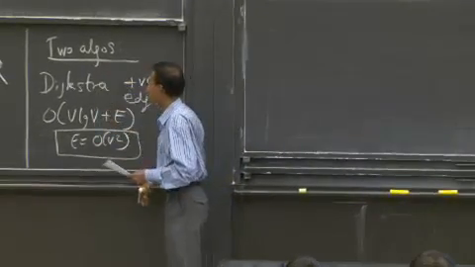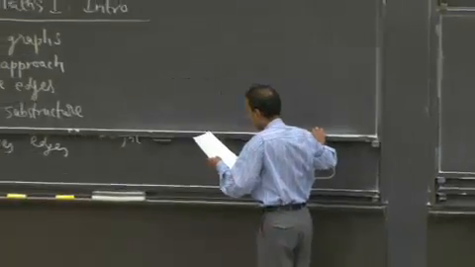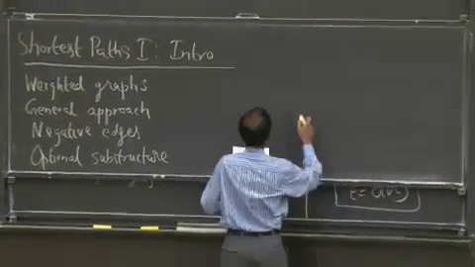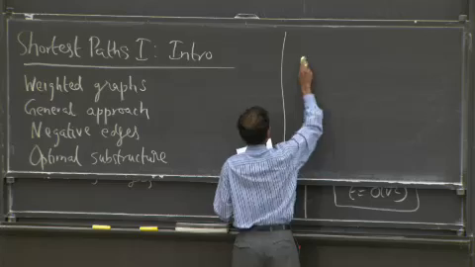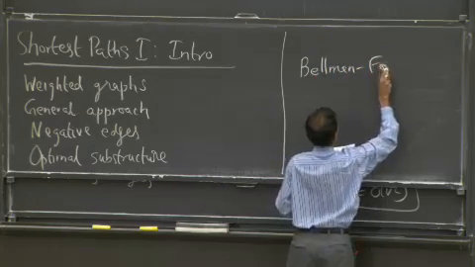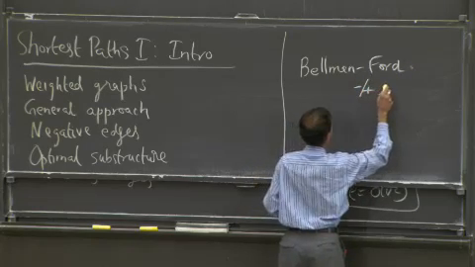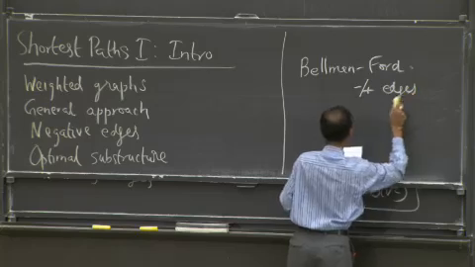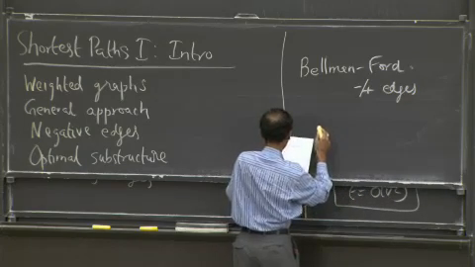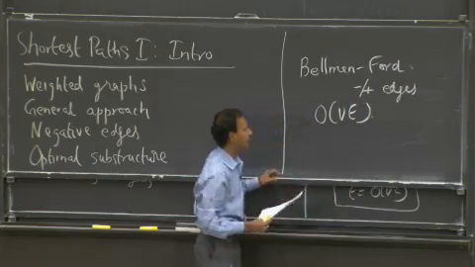And that's the first of the algorithms that we'll look at next time, though we'll see the general structure of Dijkstra today. And then there's the Bellman-Ford algorithm that works on positive and negative edge weights. And this has a complexity of order VE.